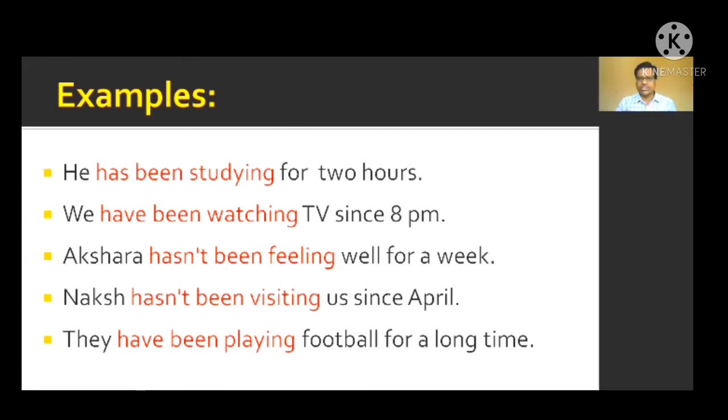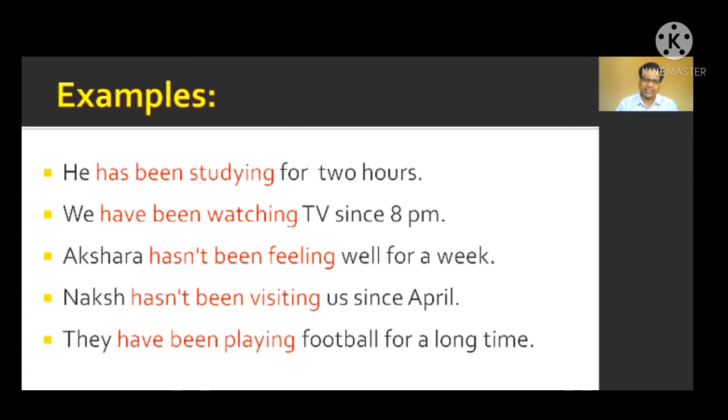We have been watching TV since 8 p.m. Actually, this is the morning time. It's a very healthy, very good nature today or environment today. But suppose you are talking about evening time. Maybe you are having dinner or you are discussing certain important matters in the family, late hours.